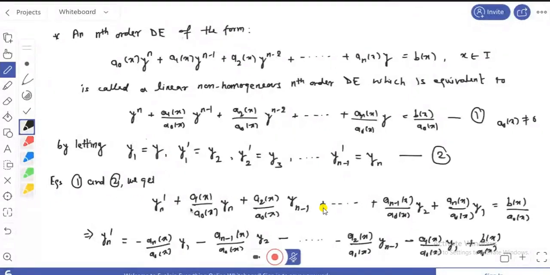So all signs are negative: first is minus an over a naught x y1, then y2, y3, y4, and so on, then yn minus 1, and the last term is yn, and the right hand side is bx over a naught x. So this equation is yn prime equals that term.